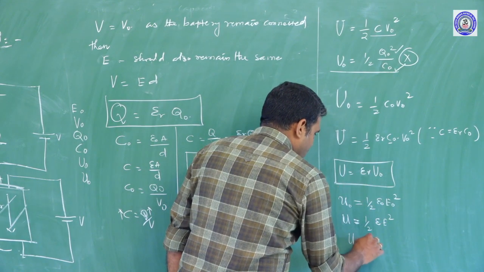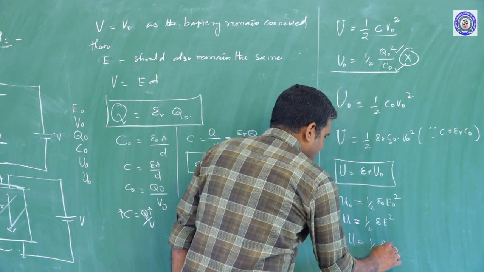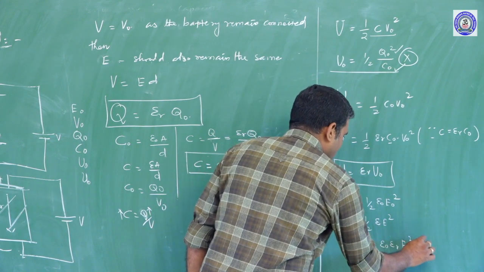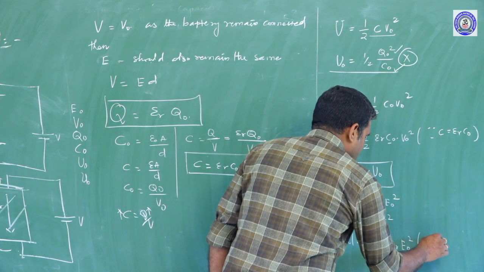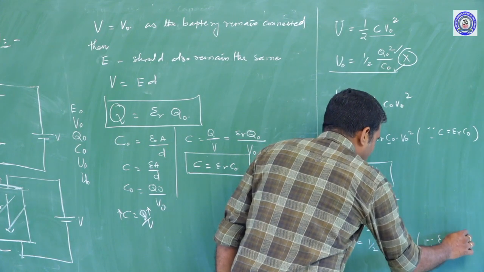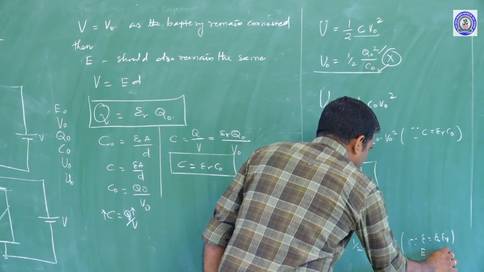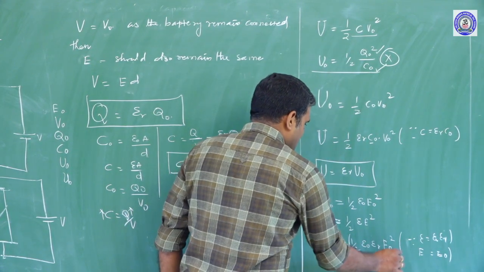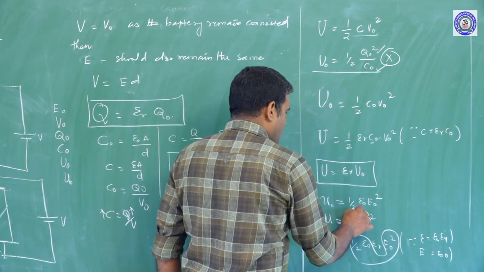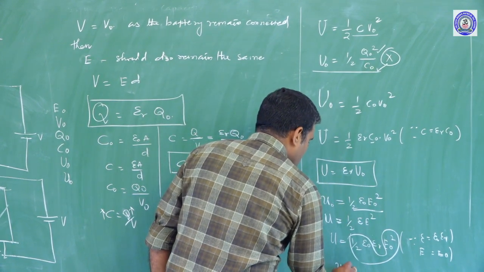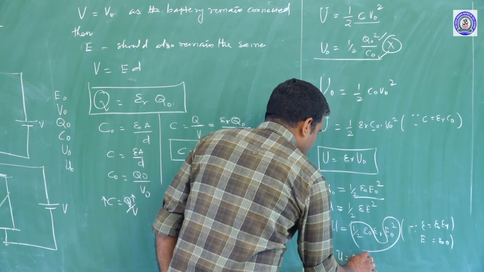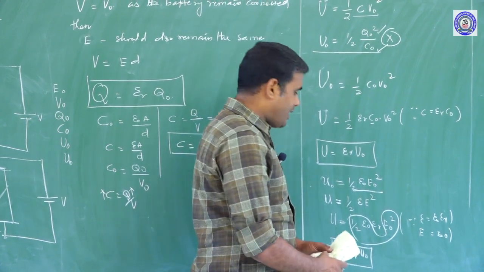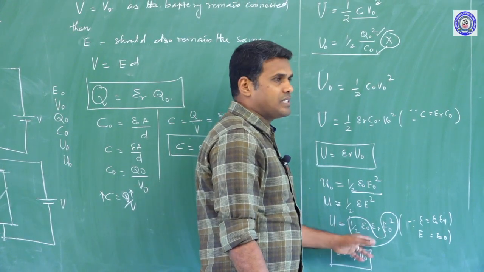So small u is equal to half epsilon naught epsilon r times E naught square, since epsilon equals epsilon naught epsilon r and E equals E naught. Half epsilon naught E naught square is u naught. So small u equals epsilon r times u naught. So the energy density also increases by epsilon r times.